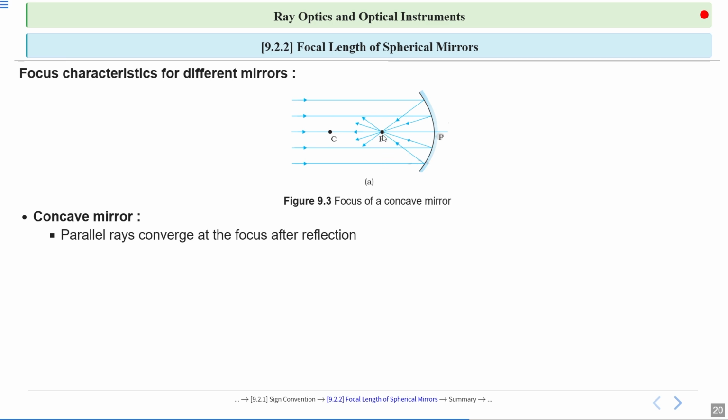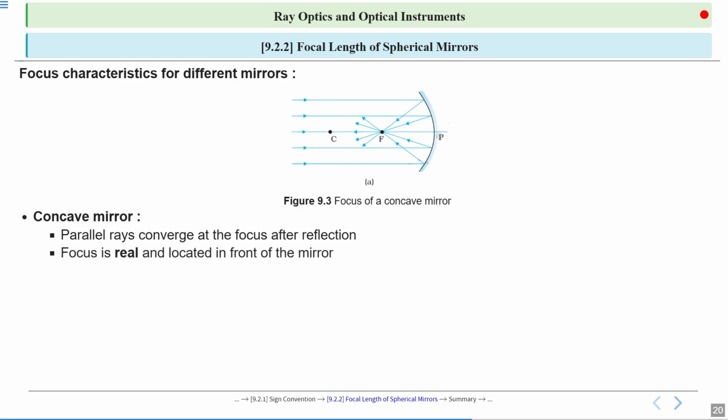So the image will be formed at the focal plane, not the focus. Okay, only parallel rays that are also parallel to the principal axis will meet on the principal axis, and that point of intersection of all the reflected rays on the principal axis will be taken as the focus. So parallel rays converge at the focus after reflection.